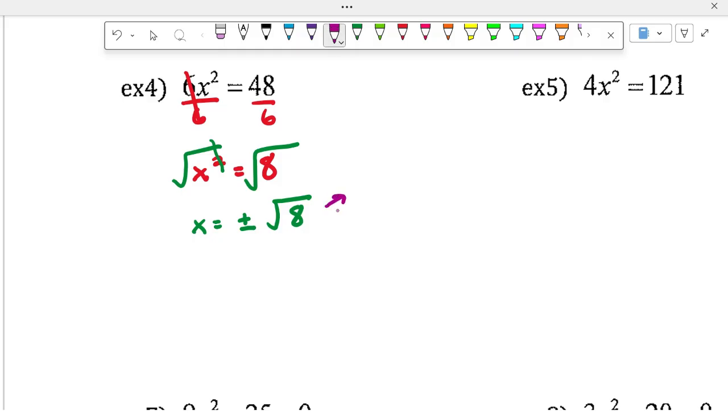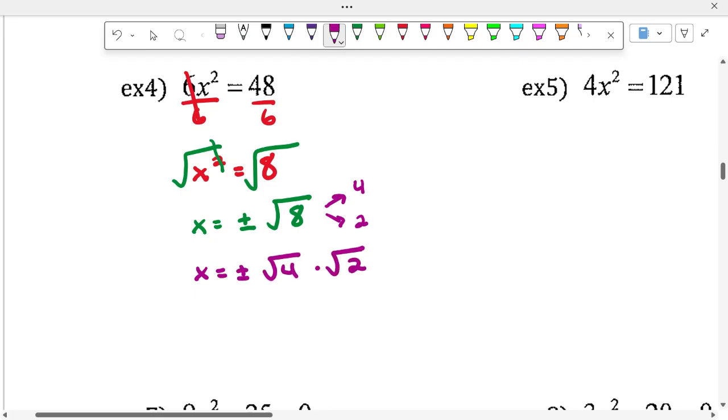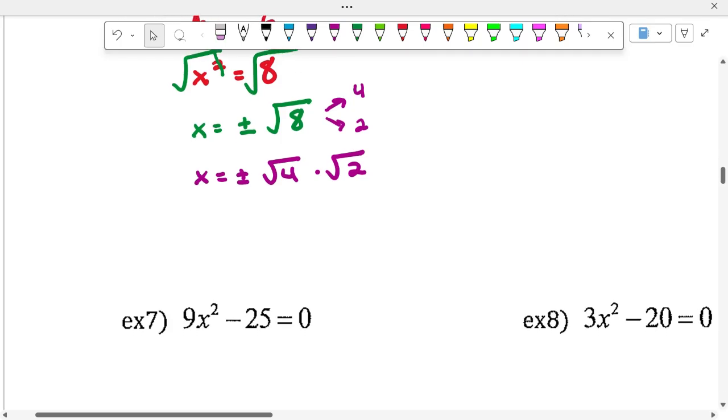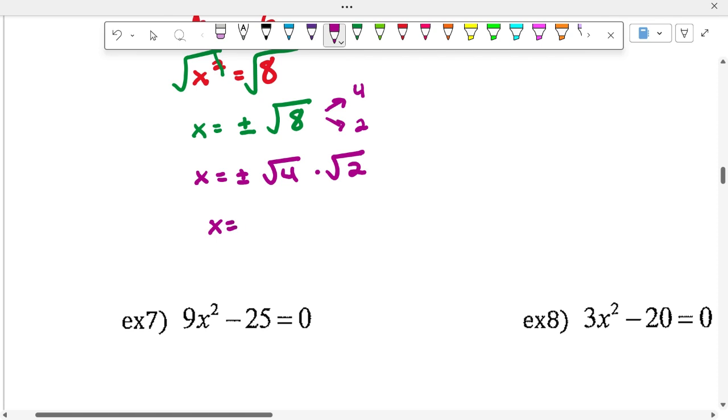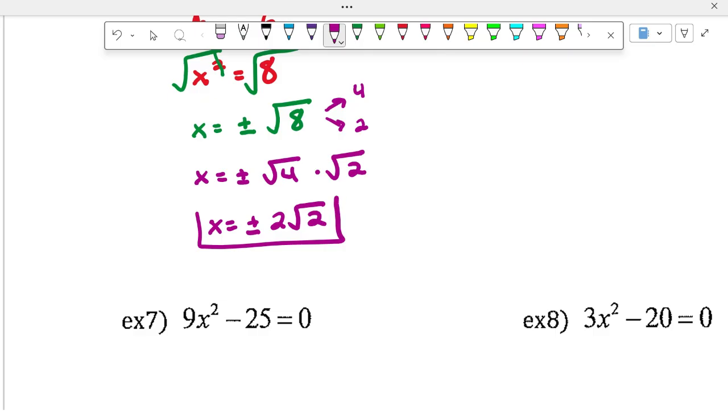What is my perfect square factor in 8? 4. And that's times 2. So x is equal to plus or minus the square root of 4 times the square root of 2. What's the square root of 4? 2. So plus or minus 2 square root 2.